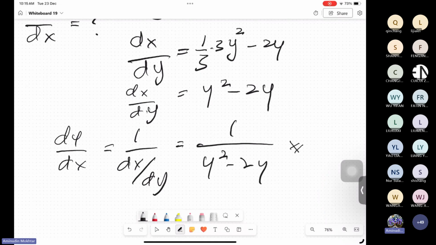That's the answer. Normally we find dy/dx for a function y in terms of x, but in a case where we have x in terms of y, we can apply this inverse concept to find dy/dx.